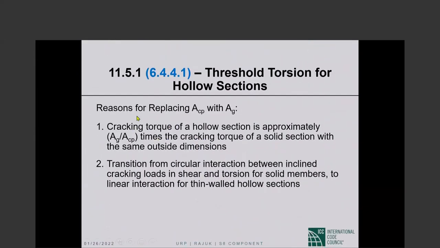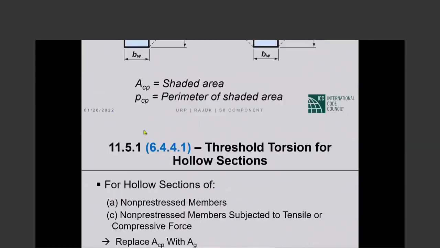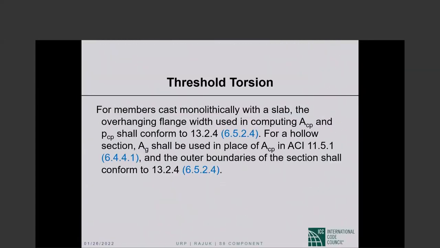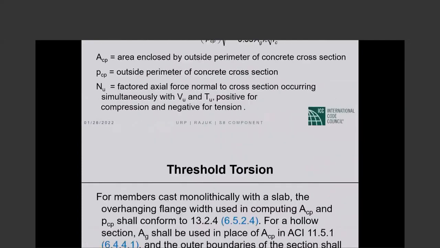The reason for replacing: in calculating the threshold torque, we have A sub Cp squared over P sub Cp. A sub Cp and P sub Cp shall include the flanges, and that's where we said replace A sub Cp with A sub G for hollow sections.